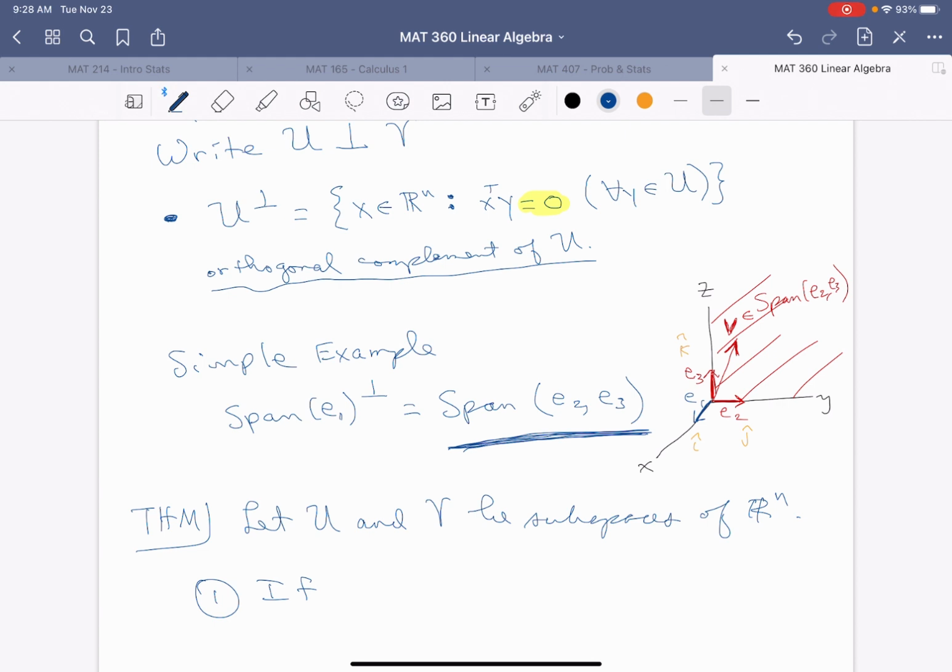So the first thing we're going to show is that if the subspaces are orthogonal, then they only intersect at the 0 vector. So the only vector in the intersection is the 0 vector.